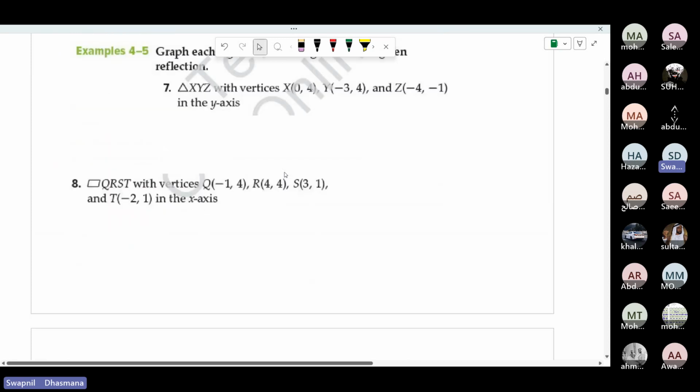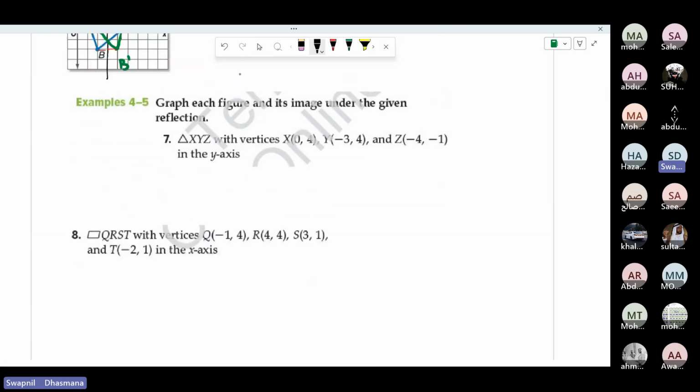Sometimes you have to draw yourself, for example in this question. They will give you a graph, and you draw 0, 4; minus 3, 4; the first number is x, the second is y. So 0, 4 means 0 x and 4 y.